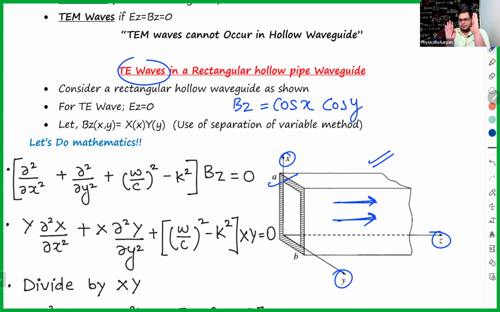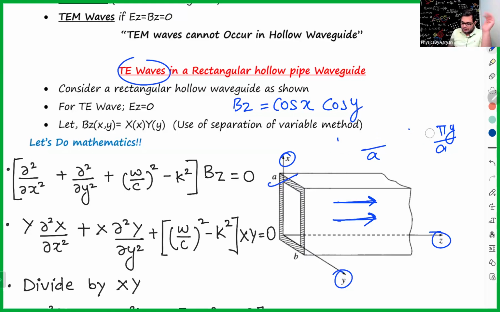So the final Bz has some x part and it has some y part. You also remember from the wave functions of two-dimensional wells, sine n pi x by a into sine n pi y by a. You remember all of this, right? If yes, let me know in comments, chat. So x component is separate, y is separate. This is known as the separation of variables.